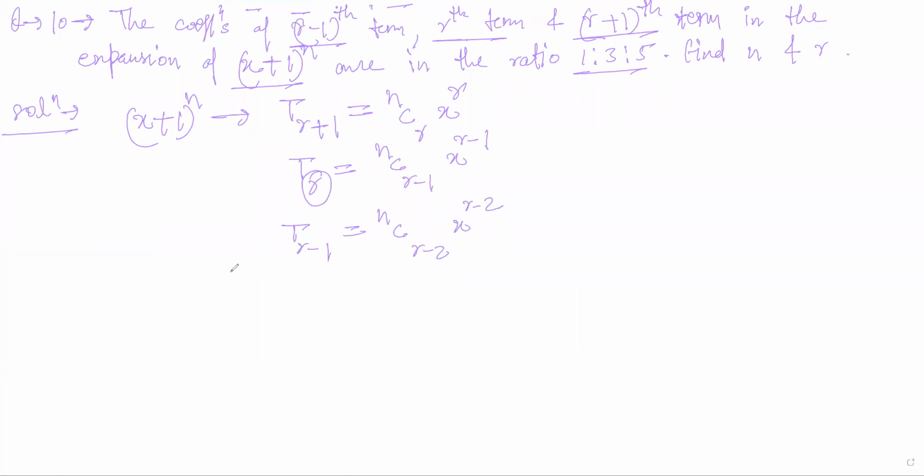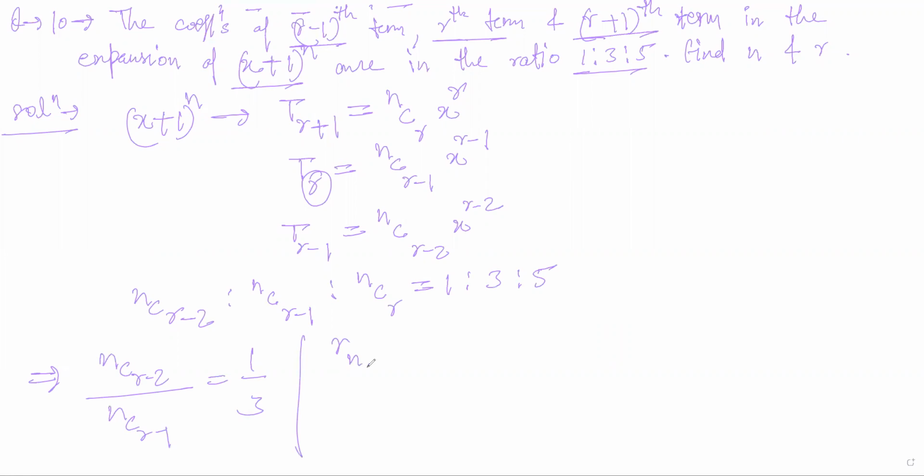So basically, in the question, you have this information, which you can put out like this, that the ratio of NCR minus 2 divided by NCR minus 1 is 1:3.